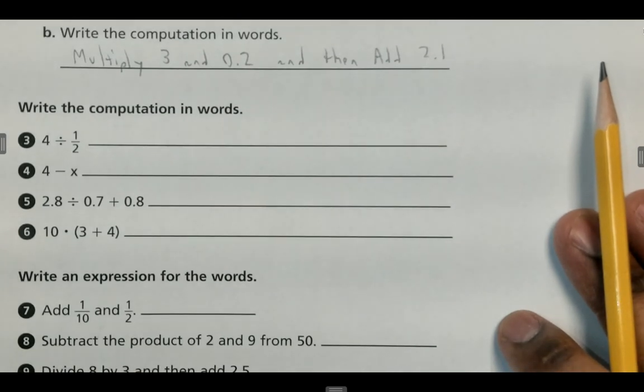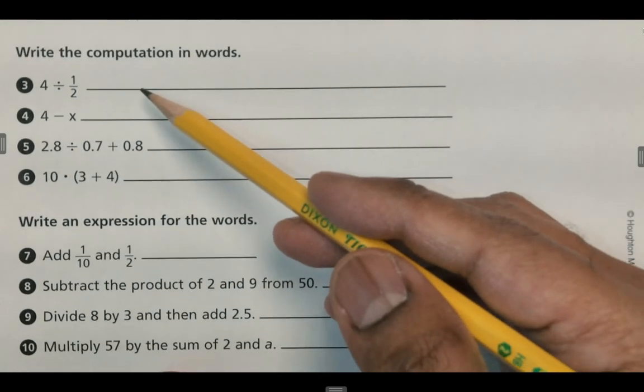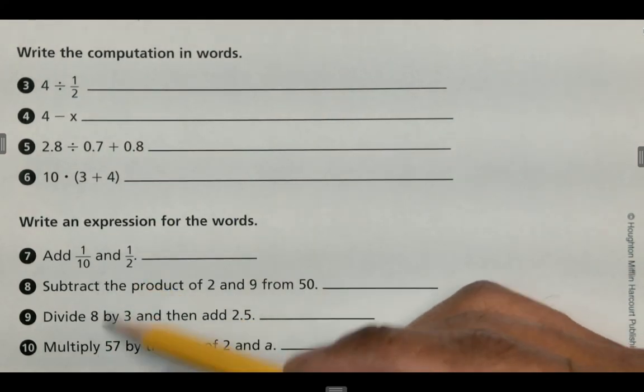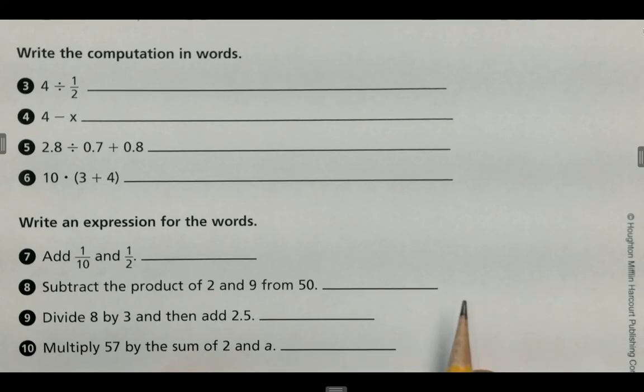Problems 3 through 6 were given expressions, and we are asked to translate them or write them in words. And in general, I'm going to follow the same style that you'll see down below when we get into these, where these are all starting with the verb, and I'm going to do that. That doesn't make it the only way.